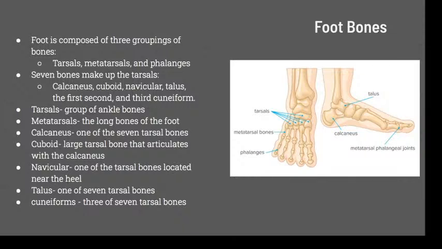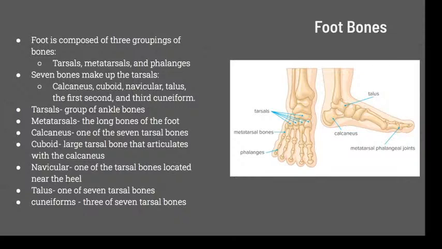The talus plays an important role in the ankle by forming the only articulation with the leg. It nestles between the distal ends of the tibia and the fibula. The calcaneus, which is the largest of the tarsals, forms the heel and part of the foot arch.